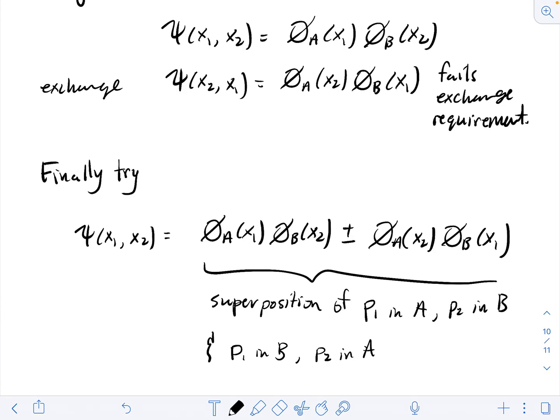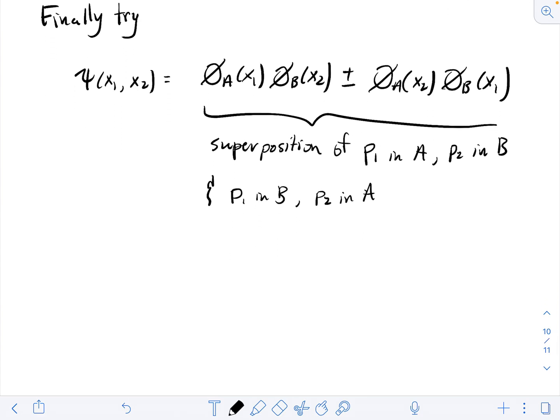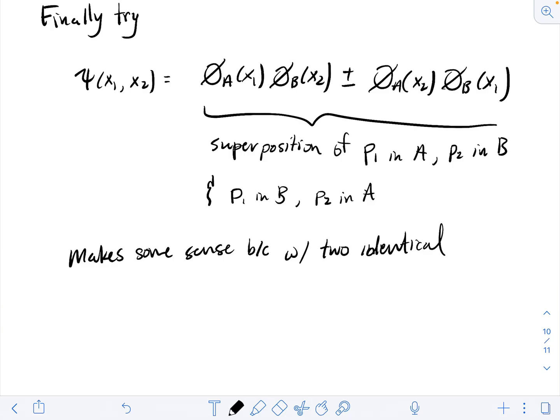Okay, this maybe makes a little bit of sense if you think of it this way. This makes some sense because with identical particles, you wouldn't be able to tell which one, particle 1 or particle 2, if you somehow wanted to label them, was in which state. And so what we have then is a superposition of both possibilities.